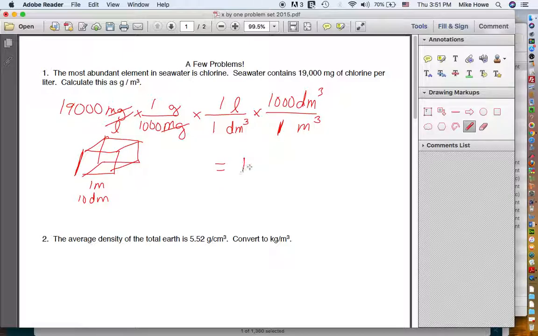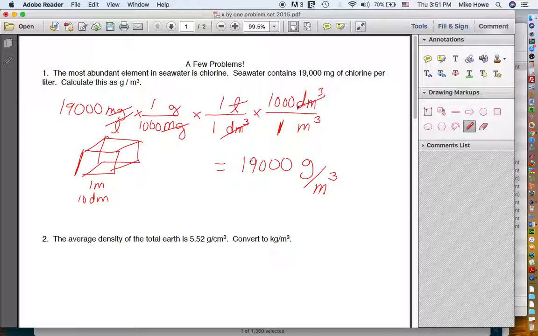I end up with the same thing I started with. It's 19,000, and then look at what canceled. Liters canceled. Cubic decimeters cancel. So it's 19,000 grams per cubic meter. And that's the first problem.